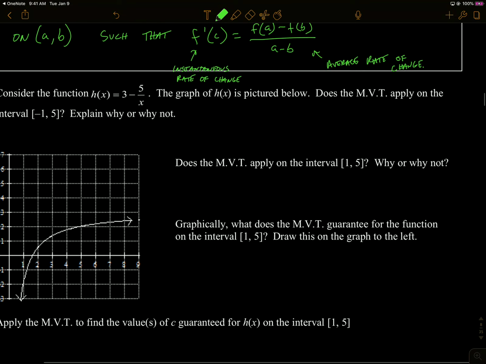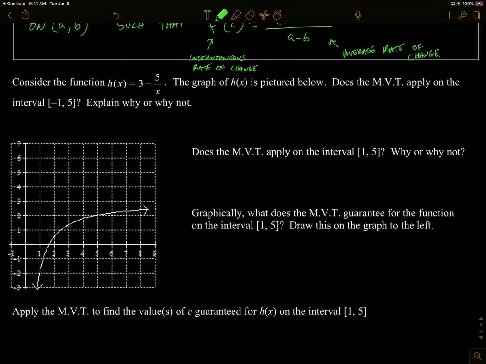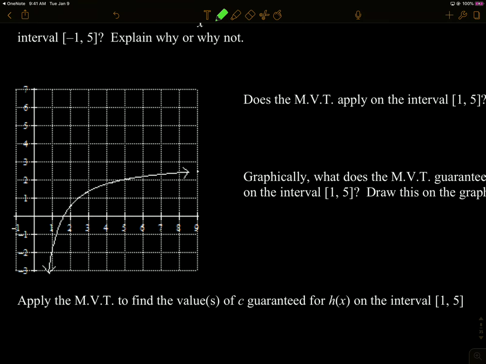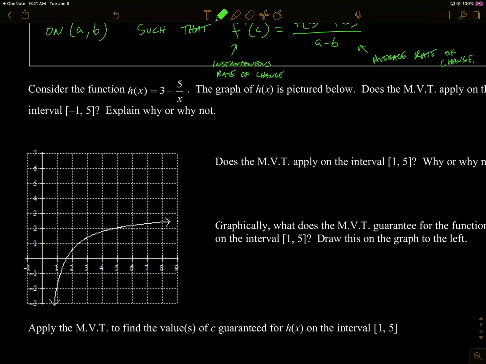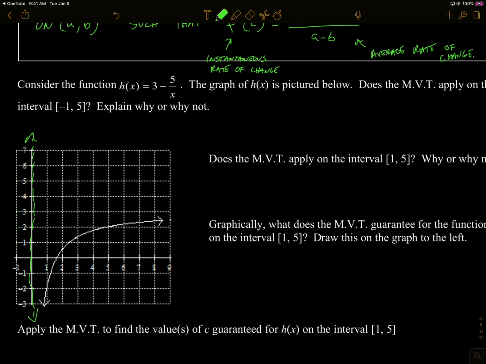All right, so let's look at this. Consider the function shown on the graph below. Does the mean value theorem apply on the interval -1 to 5? Explain why or why not. It looks like at 0 we have a vertical asymptote, which makes it not continuous.